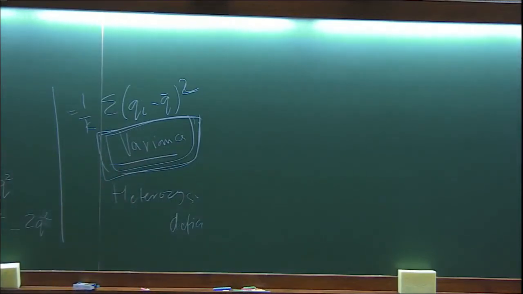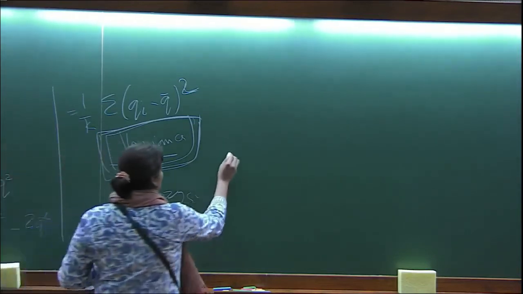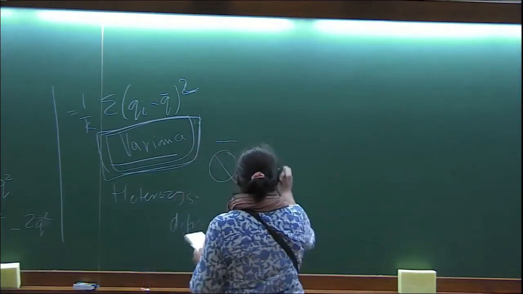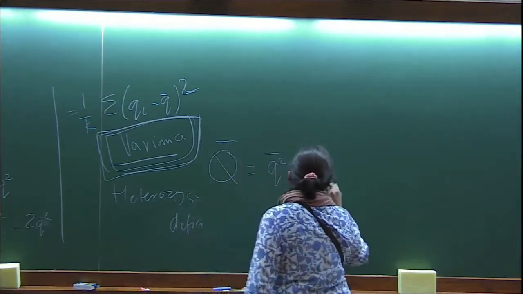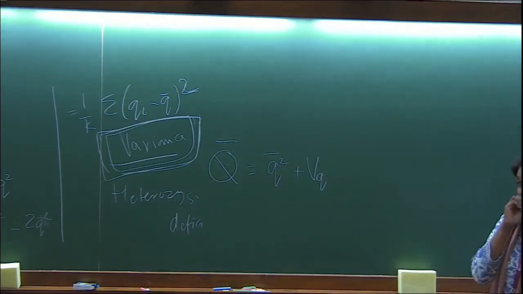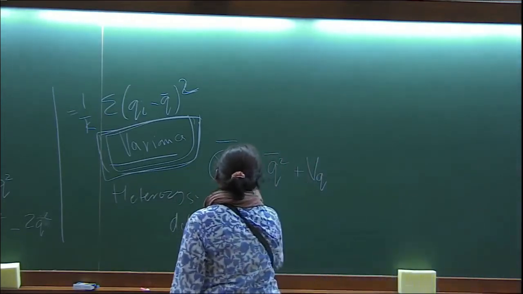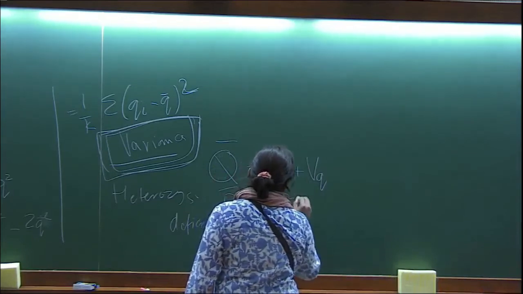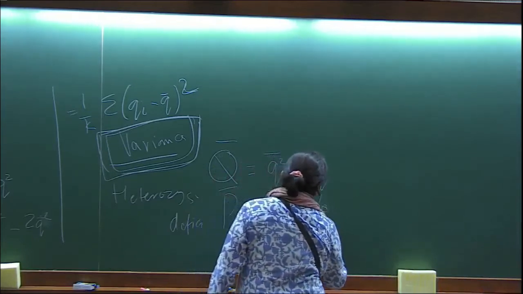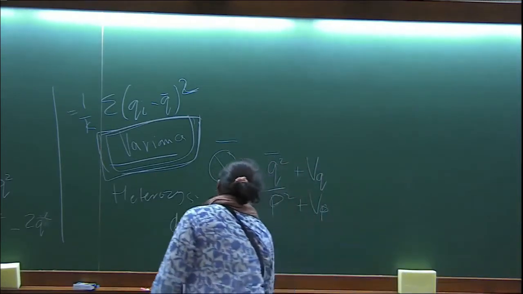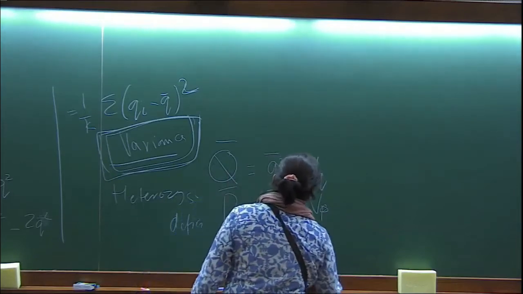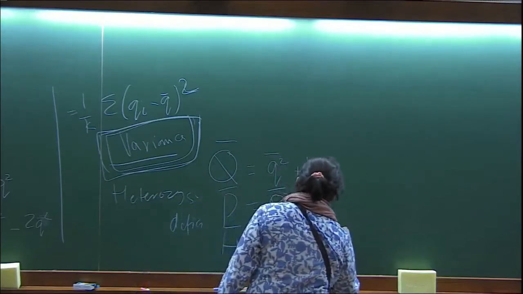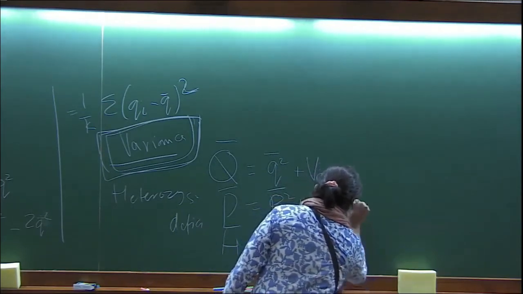So basically what it boils down to is that Q bar squared is Q squared average plus VQ, the variance of Q. Similarly, P bar squared is P squared average plus variance of P. And H bar, which is heterozygosity, is 2 P bar Q bar minus 2 times the variances VP and VQ.